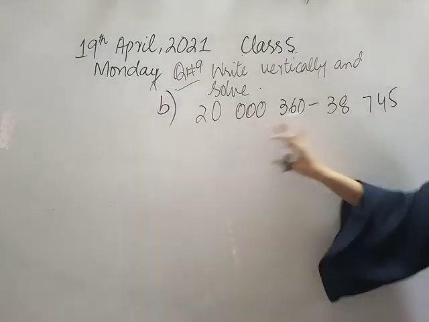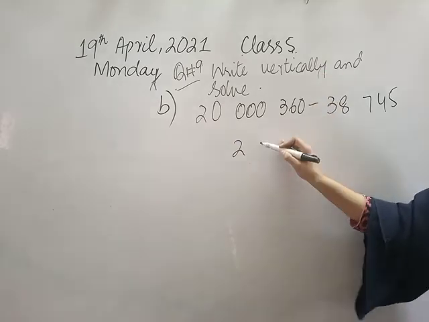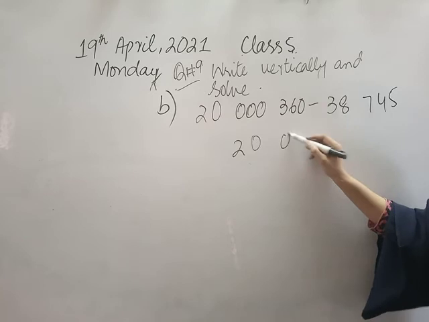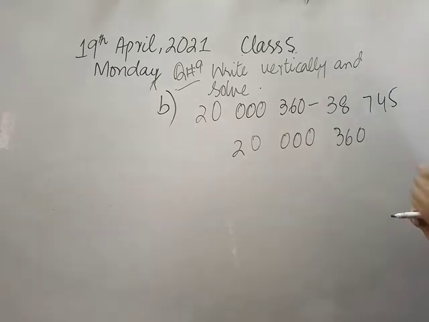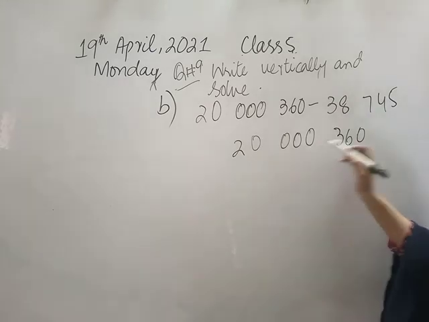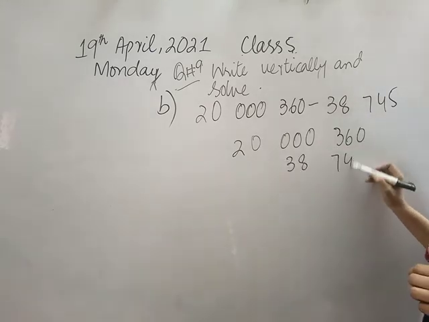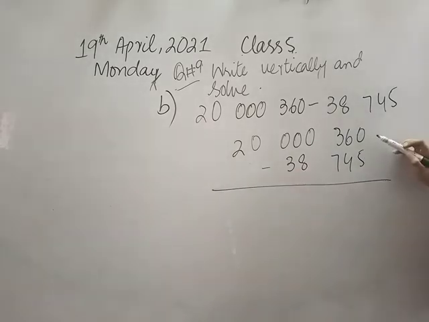So I have two numbers, so I will write them first of all according to the statement in vertical form. So 20 space 000 space 360. This is my first number and my second number is 38 space 745. Fine? Okay.